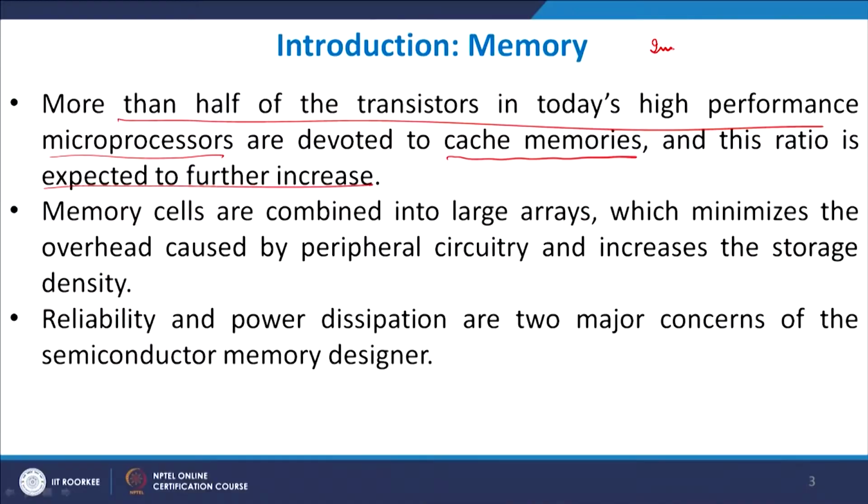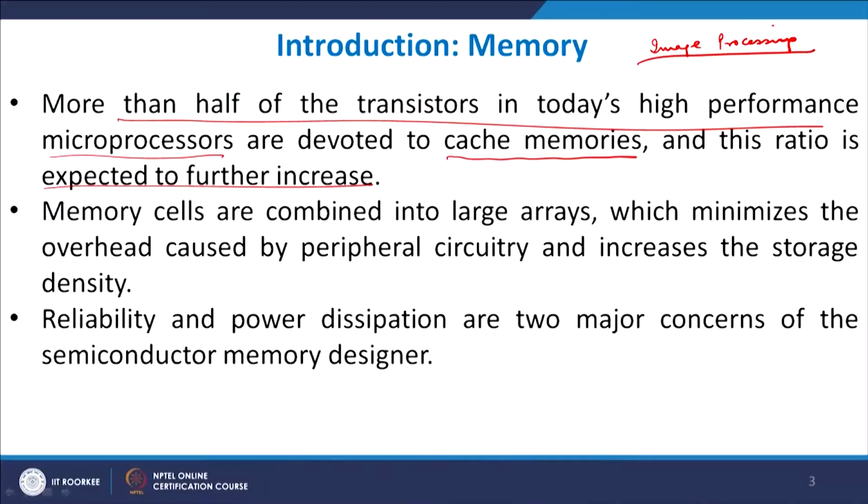Let us say an image processing algorithm. You take an image and break it down into pixels, and those pixels are processed at every stage. If your image is a high density image, the number of pixels will be very large, and therefore you require memory, and it is very important that the performance of the memory is kept at the optimal level.